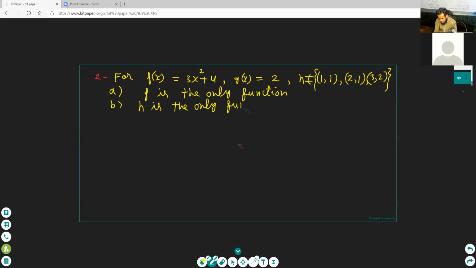We have given the functions f, g and h. h is in ordered pair form, g is also in that form, and f of x is in this form. Another option: g and h are the only functions.